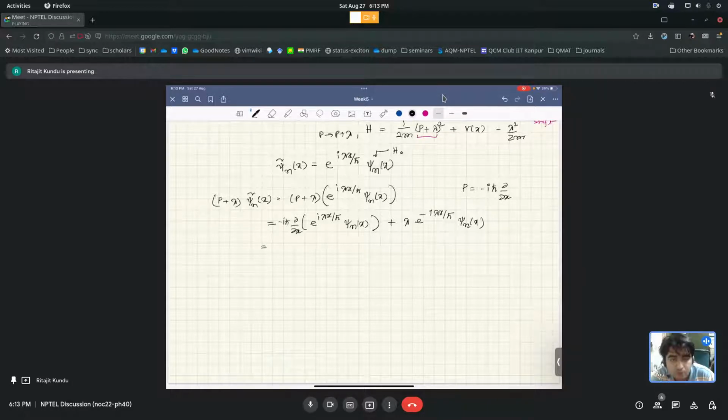So in place of p, I'll just put minus i h bar del x. You are all familiar with the product rule of derivatives, so I'll use it. First del x will act on this, and then it will act on this, and there will be a summation over these two.